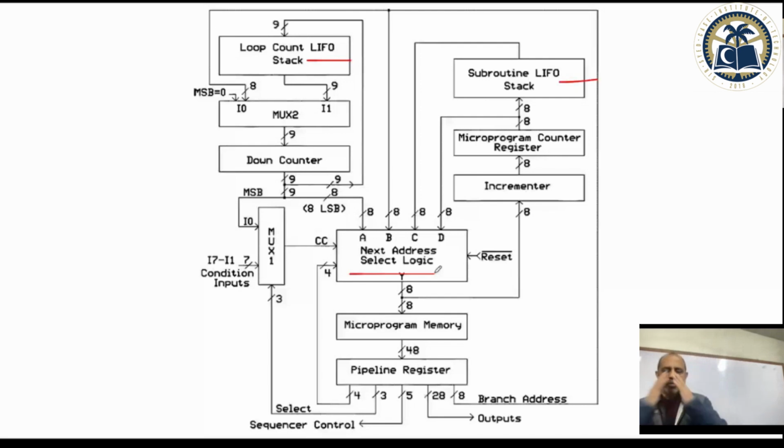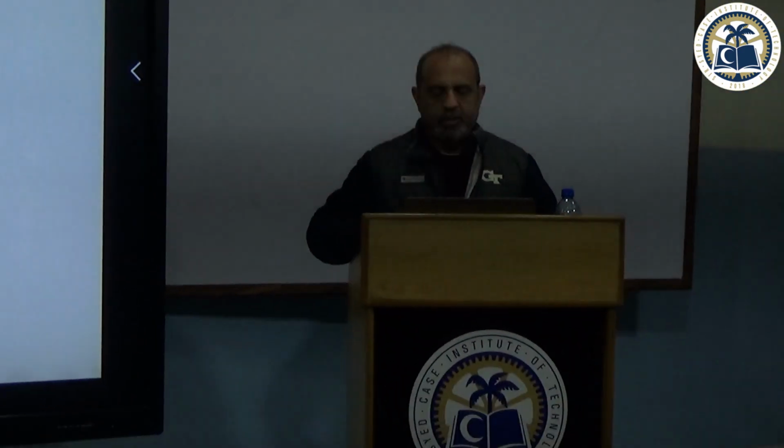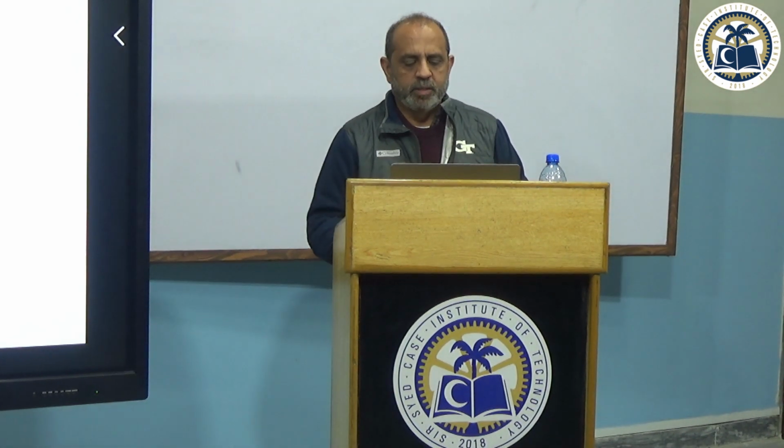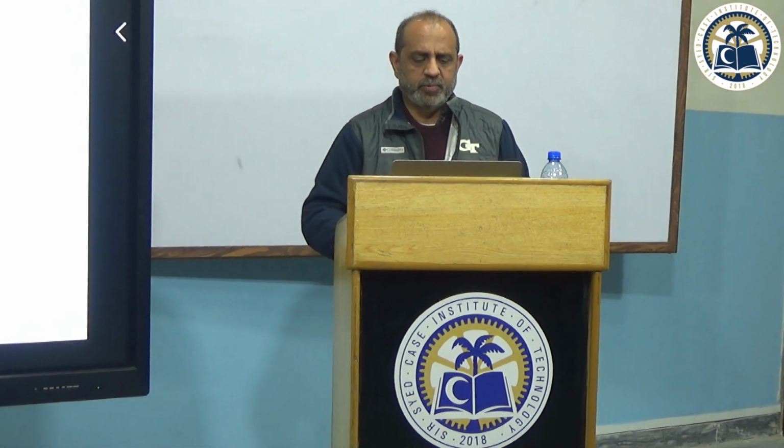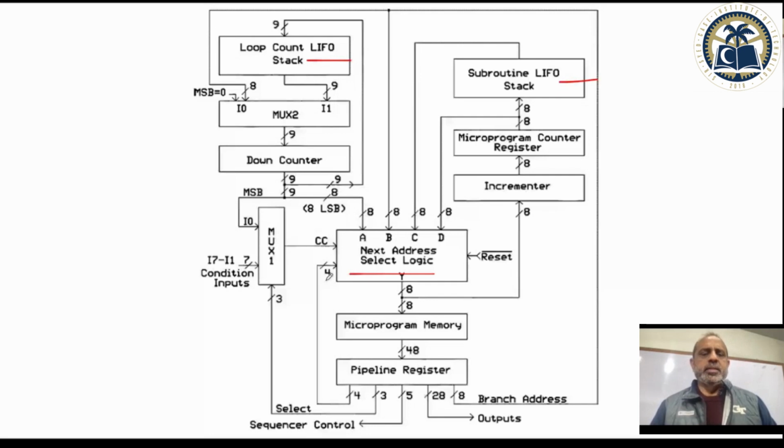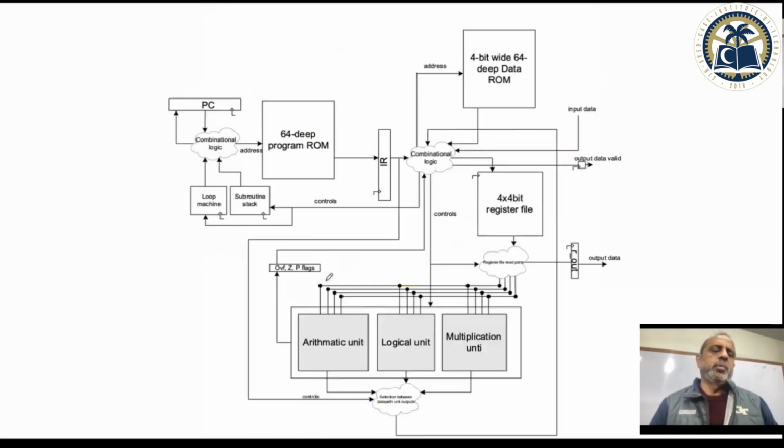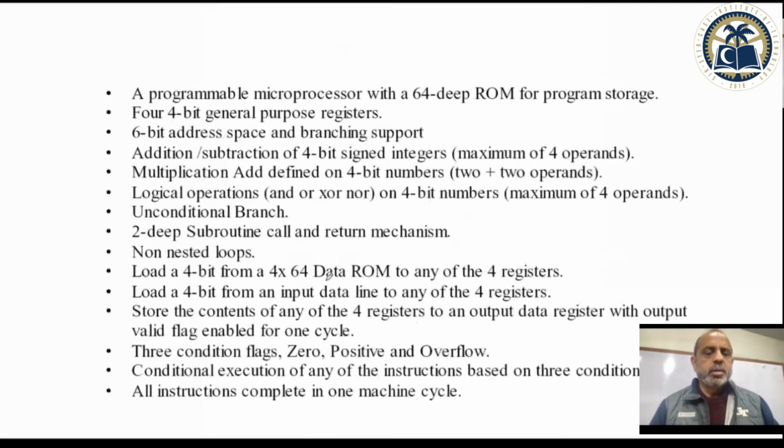You don't mind, because you are just designing a generic processor which any plant can use for the control of the plant. These are also some of the questions from the exams that I've been taking of this subject, and you will find them in my book: design this 2-deep subroutine call, nested subloop.